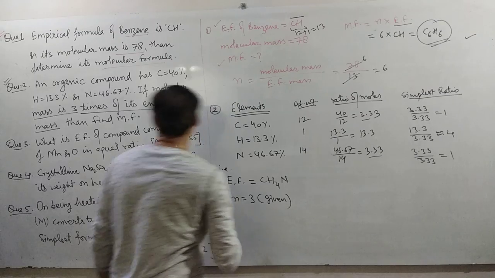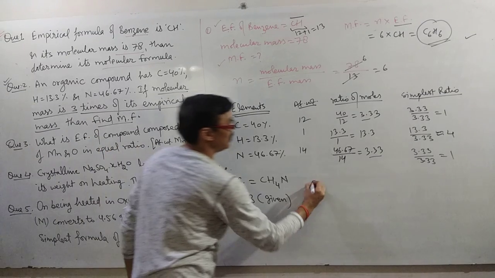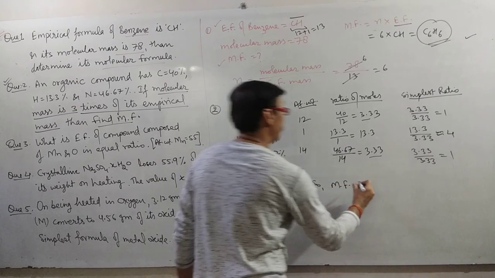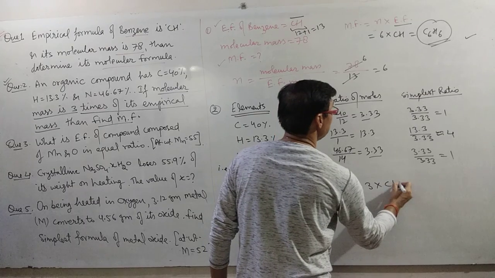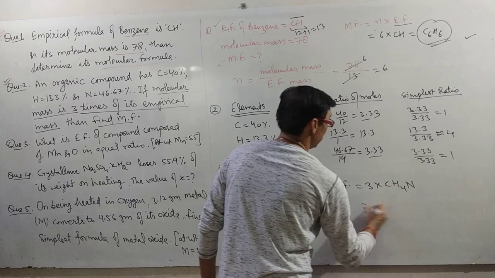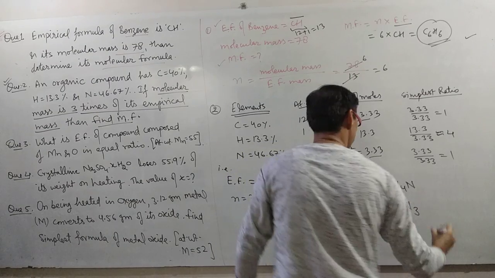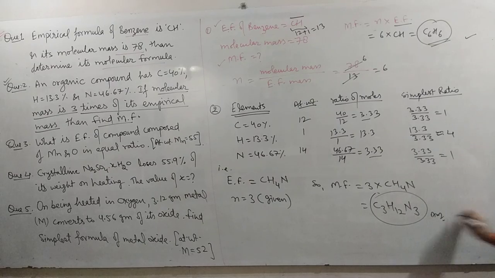So to find the molecular formula, the molecular formula will be equal to n = 3 times the empirical formula CH4N, that is C3H12N3. It is the molecular formula. It is your answer.